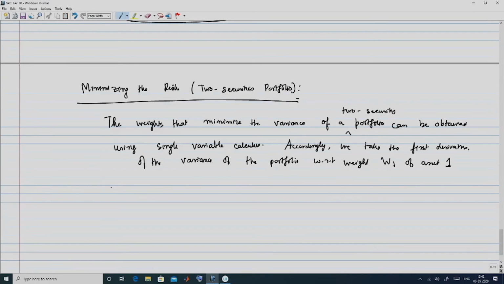So, accordingly we do the following. We start off with, what is sigma p square? Sigma p square was W1 square sigma 1 square. Then I had W2 square sigma 2 square, which is replaced by 1 minus W1 whole square. Then I had plus twice W1, and then I replace W2 with 1 minus W1, into sigma 1 2.